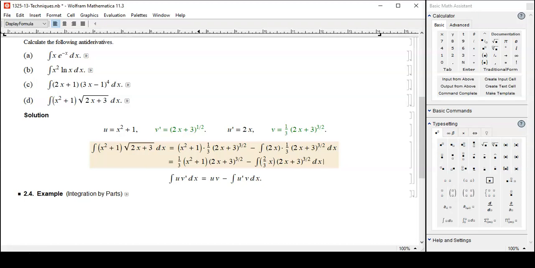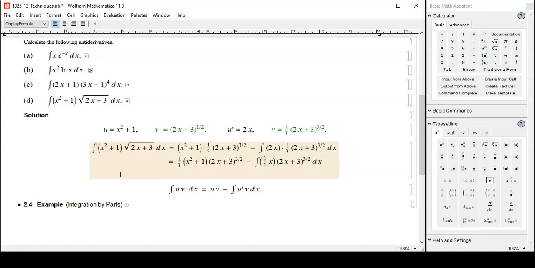So what did we end up with? We have an integral, but that's still too complicated. So what do we have to do to this integral?